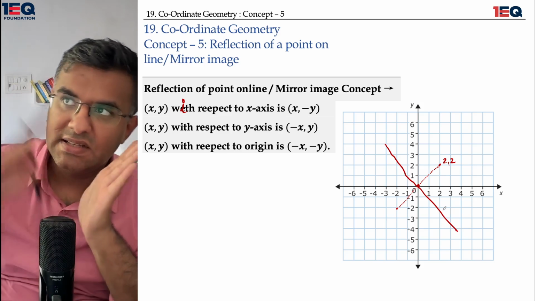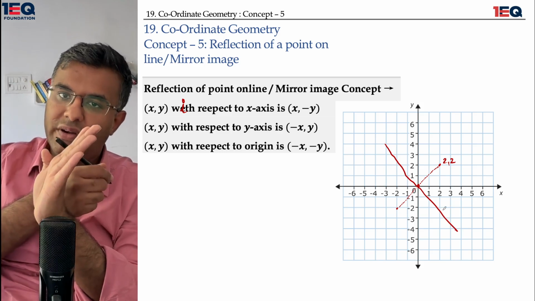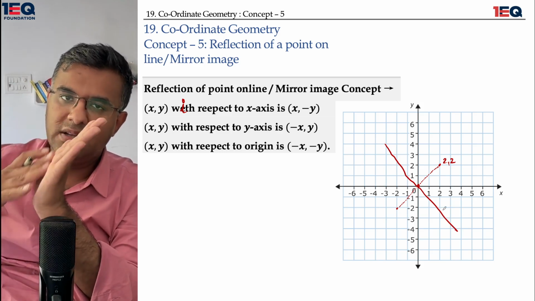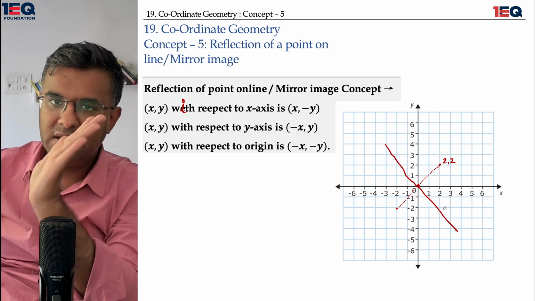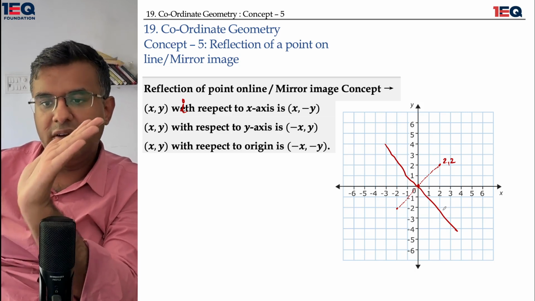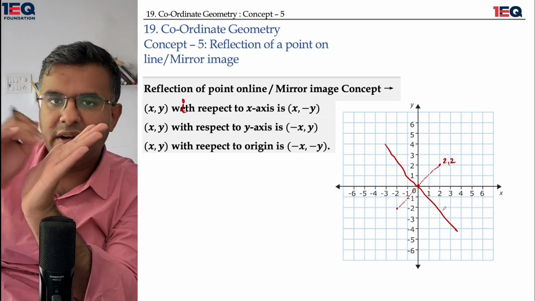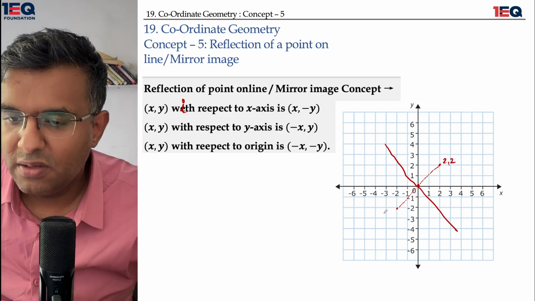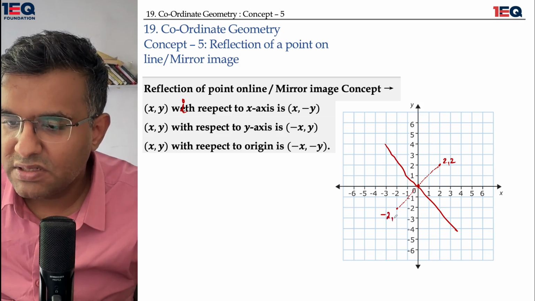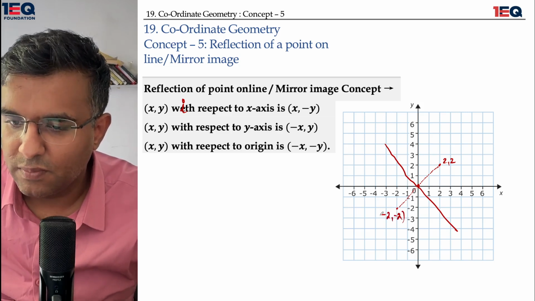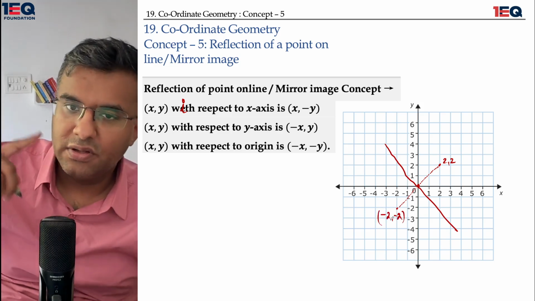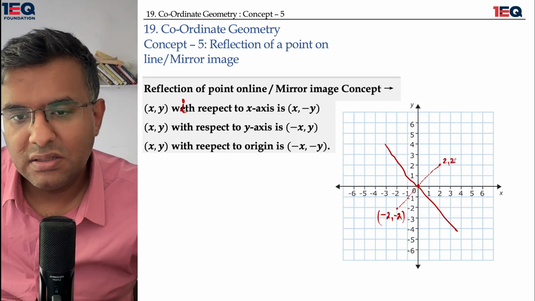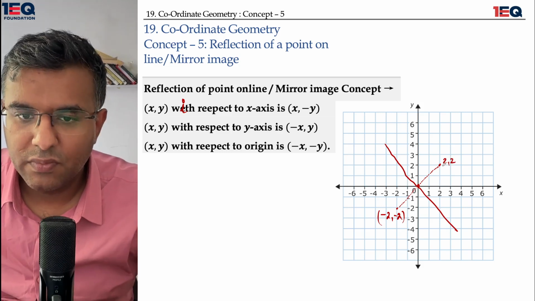Because everything that is there would be visible at the back of it. That is why whenever the mirror is placed on the origin, it is placed in this angle, okay? A 45-degree angle, or rather a 135-degree angle. That is how the mirror image is formed. So the mirror image which I would find for something which is across the origin, that is when the signs would change, okay?